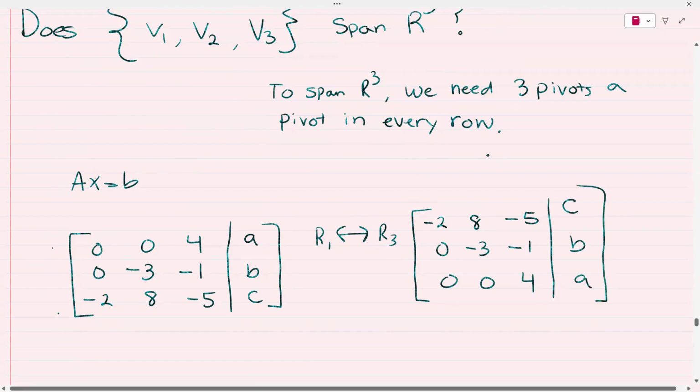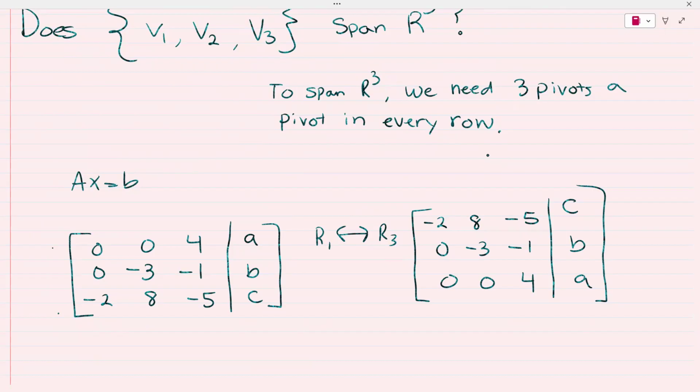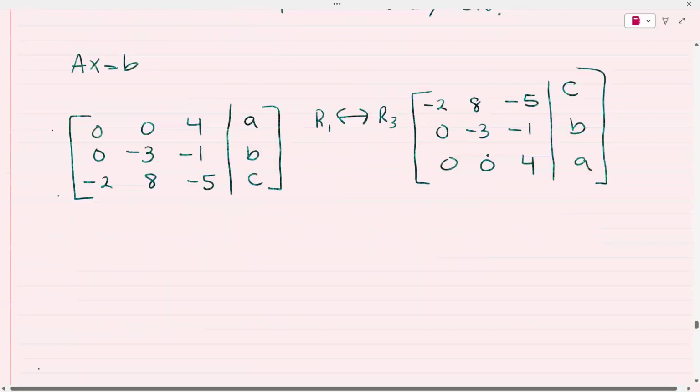Okay. Then what you want to do is try to get your pivots. Maybe make this -2 into a 1 and make this -3 into a 1 and make this 4 into a 1. So all we got to do is multiply by a scalar, and we can multiply scalars more than once.